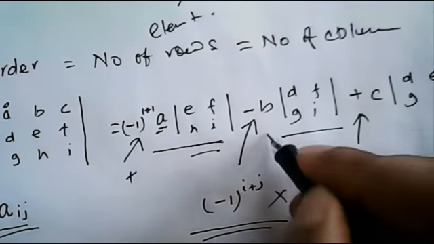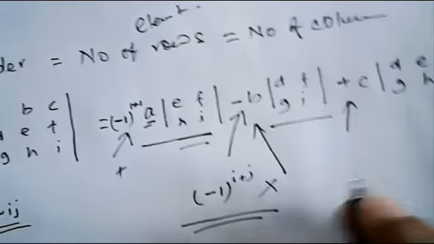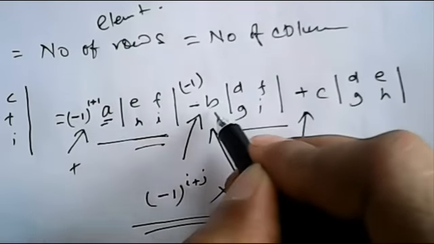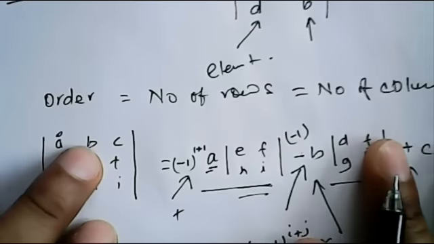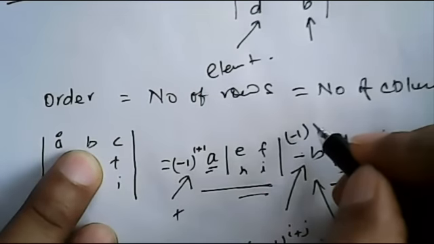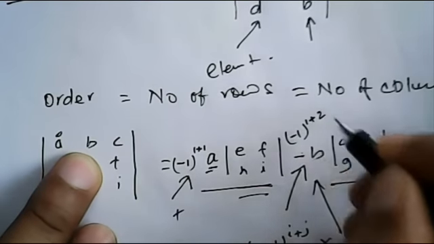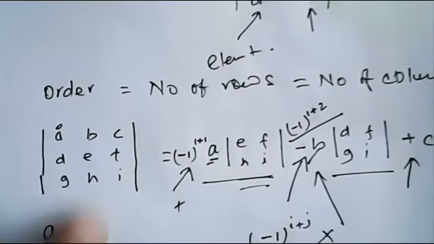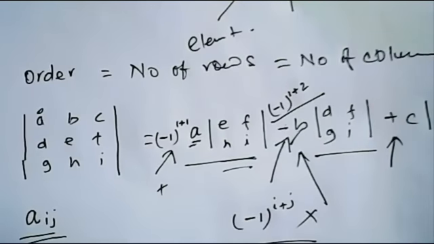But in this case, B is in the first row, second column, so minus 1 to the power is odd, that's why it gets a negative sign. So likewise you have to proceed in solving the determinants.